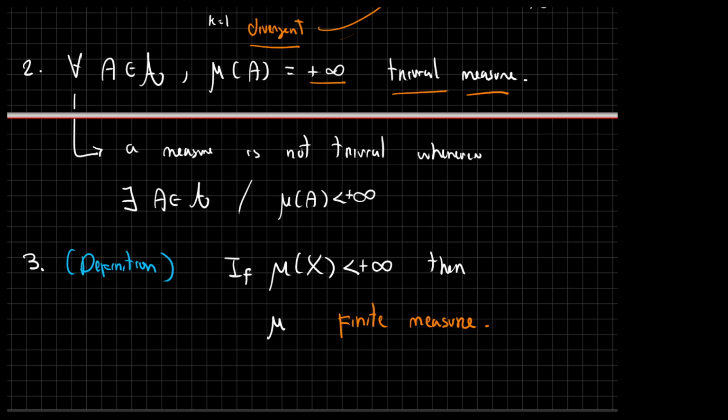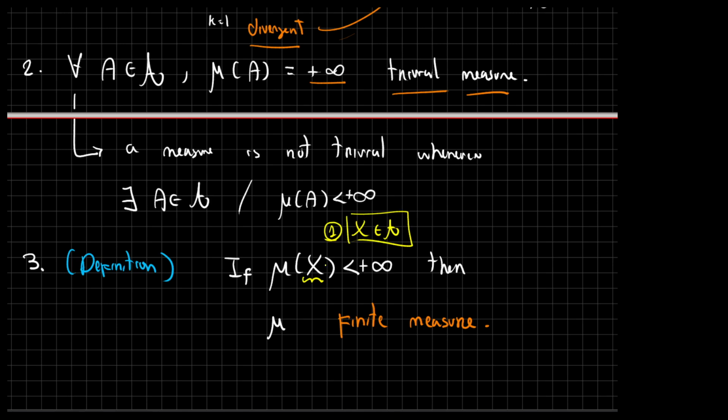Recall that our sigma algebra always contains the whole space. This was the first property of sigma algebras. So for every measure, the value of the measure on the whole space will be either finite or plus infinity.